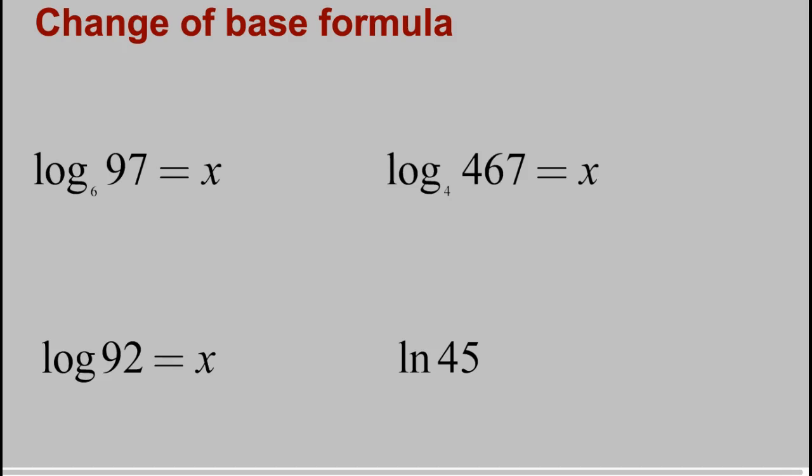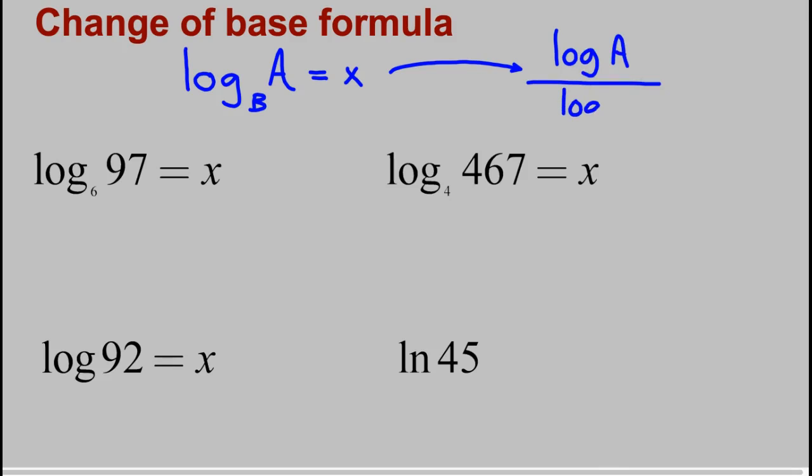The change of base formula says that, and I'll probably end up using different variables than the book does, let's just say we have some generic log, the log of a base b equals x. That is the same as the log of a divided by the log of b.